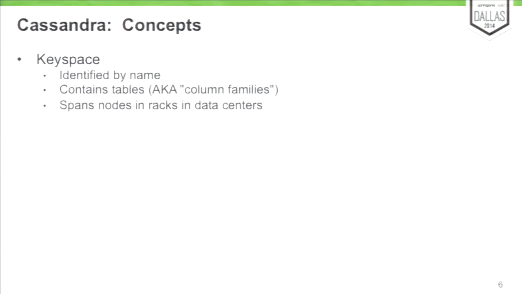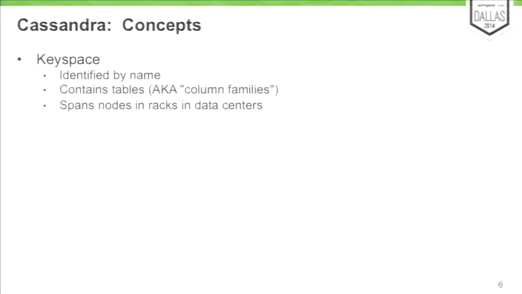So some of the concepts in Cassandra: a key space is like a schema in a relational database. It's just a named space that contains tables. The legacy terminology for tables is column families, so you might see that out there in the Cassandra documentation world. It also knows about racks and data centers inherently.